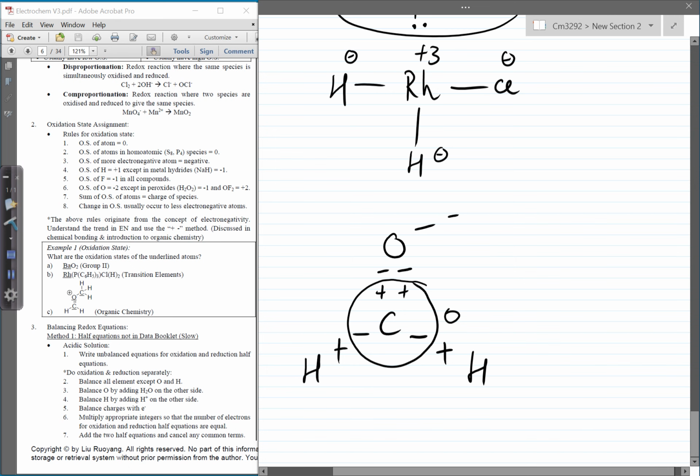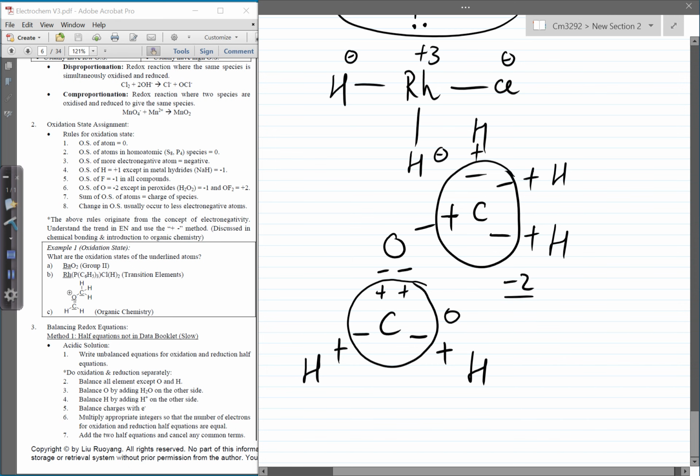For this carbon, you have three minus, plus minus, plus minus, plus hydrogens. So around this carbon, the net charge is -2. 0 minus 2. Now what about this oxygen?